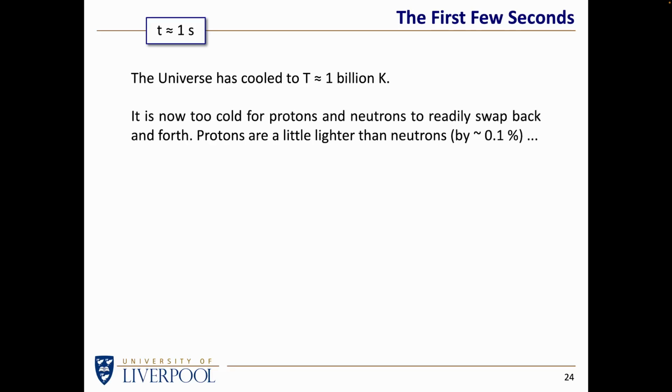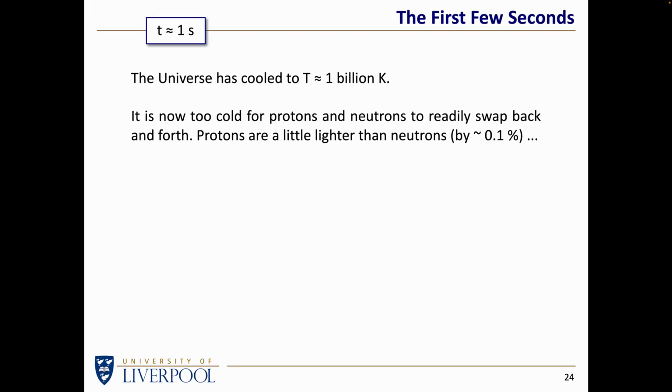It's now essentially too cold for protons and neutrons to readily swap back and forth. They haven't got enough energy for the quarks to simply change their mind and to go from a proton to a neutron. At this point, protons, because they are a little lighter than neutrons, and they're lighter by about 0.1%.